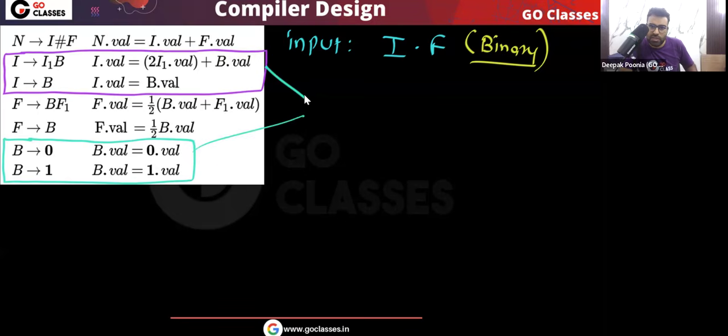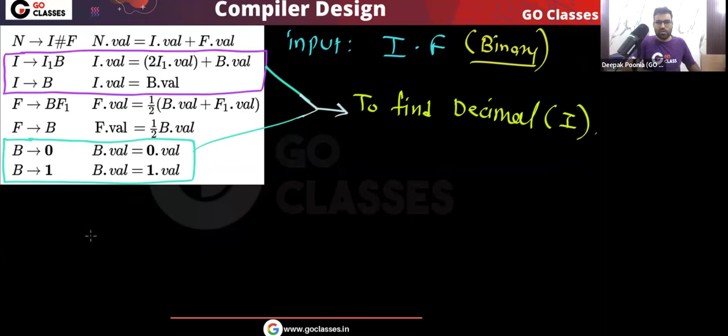These rules we are using to find the decimal of this integer part. And actually it is very easy to understand. See where these rules are coming from.